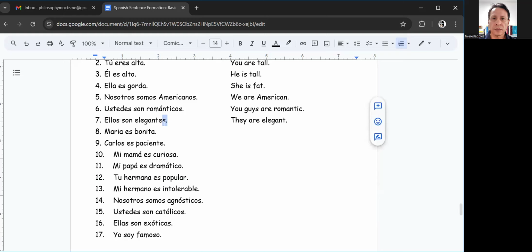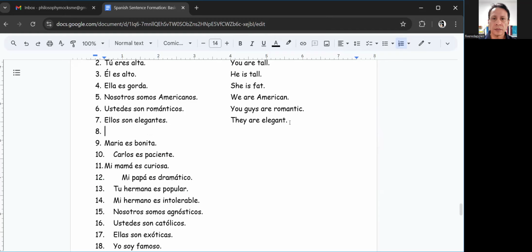It would just be elegante. I'll put it here just so you can see. Ella es elegante. Singular. She is elegant because it's singular, but plural, elegantes. Okay.